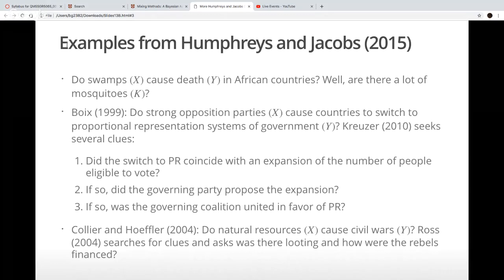So if you were to investigate whether swamps cause death, you would want to also, as much as you could, collect data on whether or not mosquitoes were present.